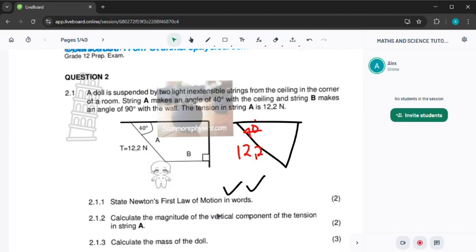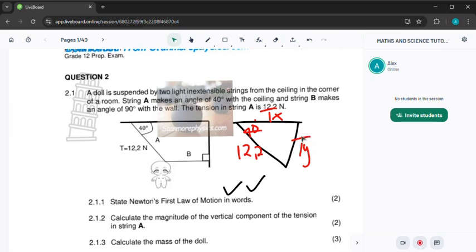Here is the horizontal component, we will just say it's Tx, and here we have the vertical component, which is Ty. So we are looking for the magnitude of this Ty.